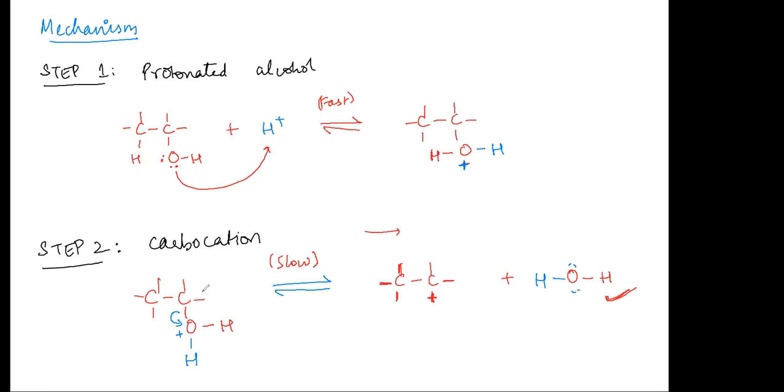Now formation of carbocation is a slower step, which is why you need to constantly keep removing the water so that the equilibrium can shift towards the right side. So once you have the carbocation being formed, this is going to attract electrons towards itself, releasing the other hydrogen atom as a proton. So your step 3 is deprotonation.